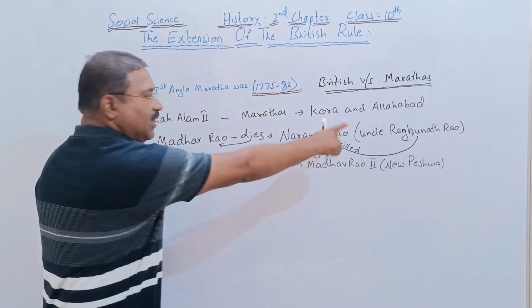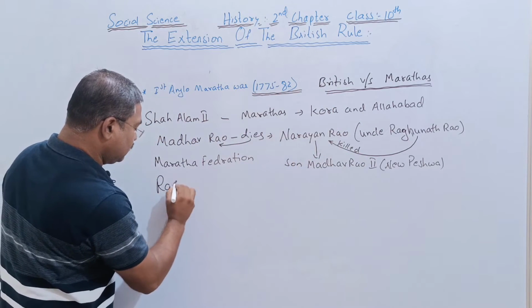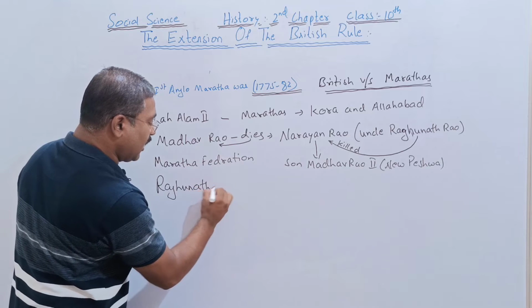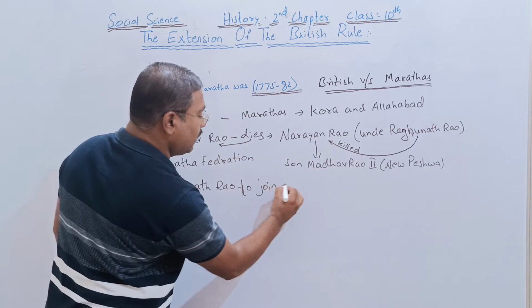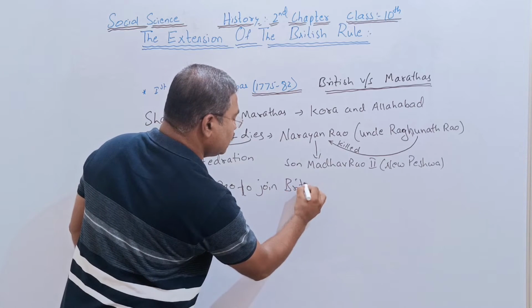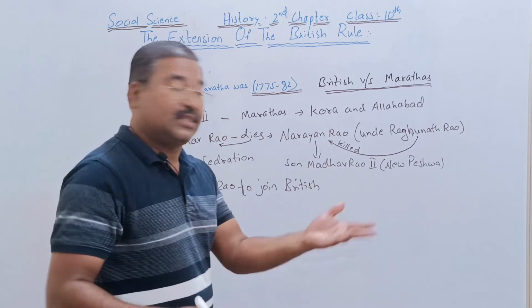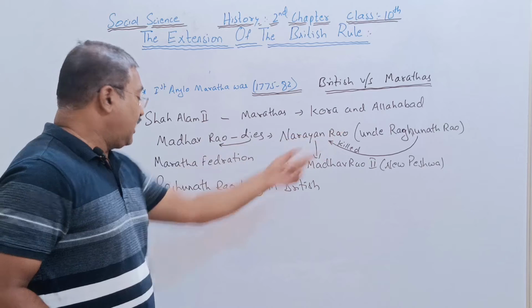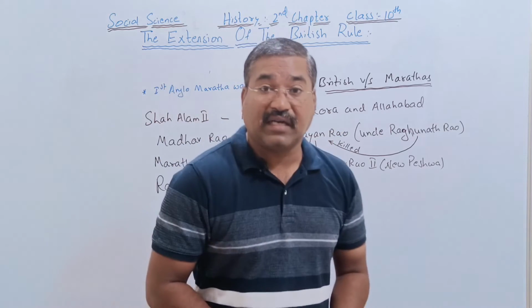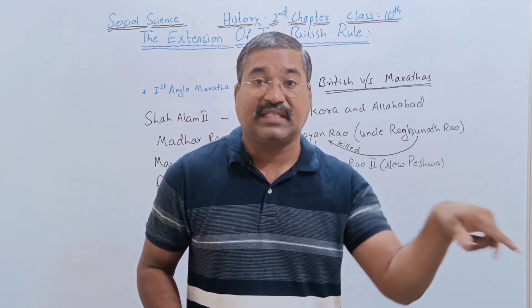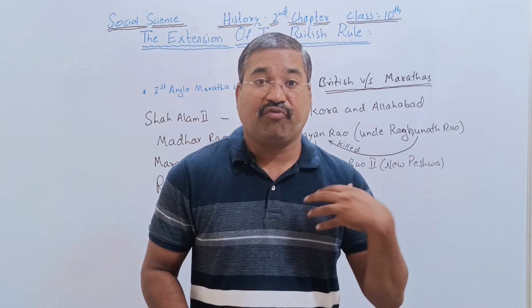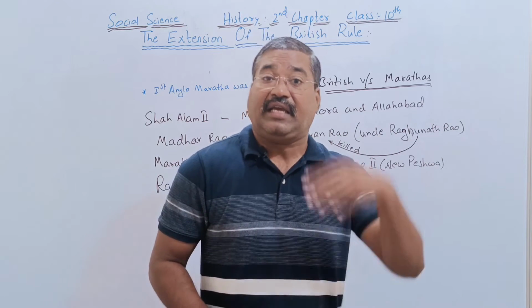which made Raghunath Rao join the British. To join whom? The British. See here, Raghunath Rao, who is a Maratha, but an ambitious person, to fulfill his desire he left them.